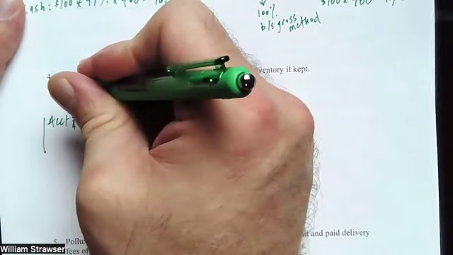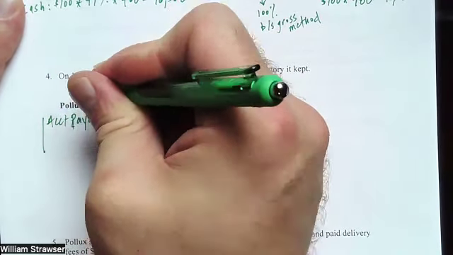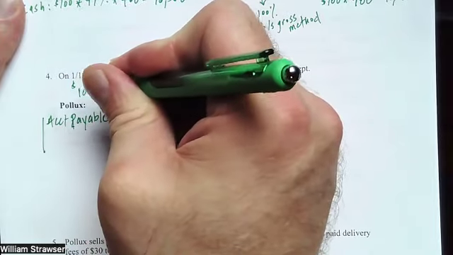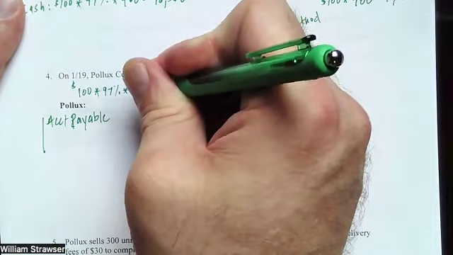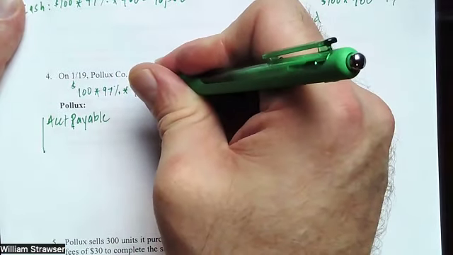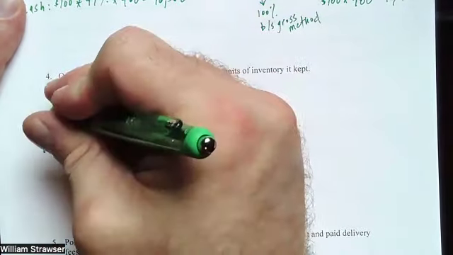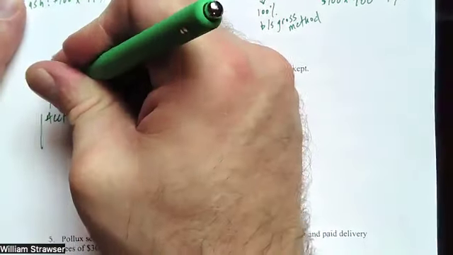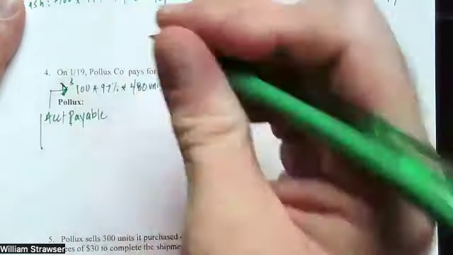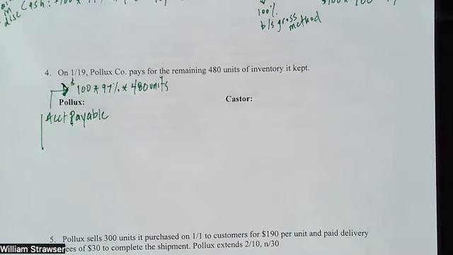So they take the $100, multiply it by 97%, multiply that by the 480 units that it is paying for, all because we're talking about the account payable. And those valuation terms are set by the method they choose. In this case, net method.